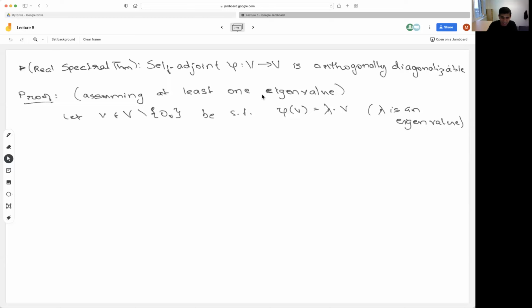And because of what we know about self-adjoint transformations, lambda is a real number. It can be 0, just that v is not 0.